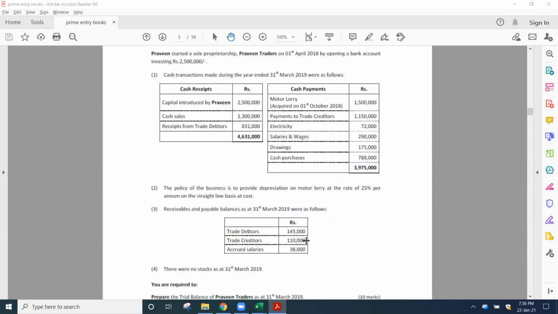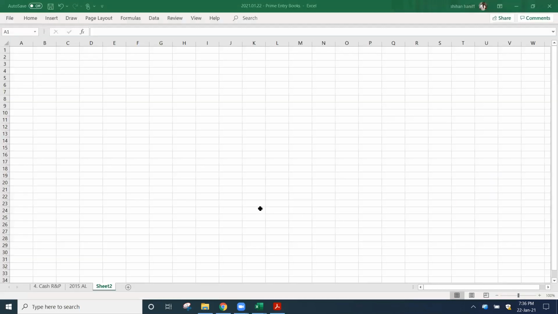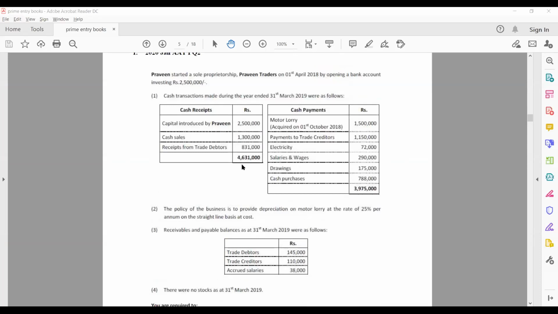We need the trial balance. Okay. So draw a trial balance with debit and credit.